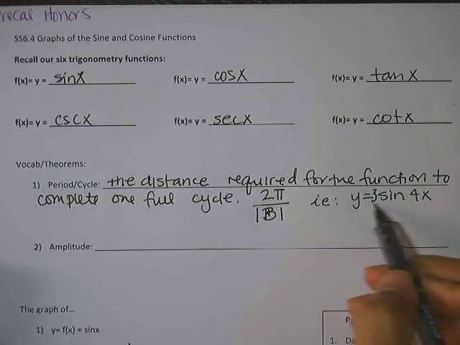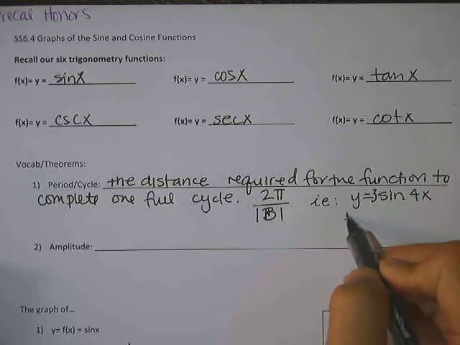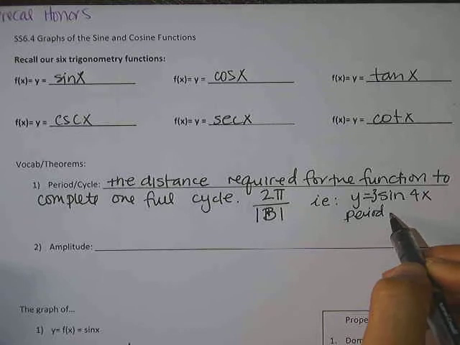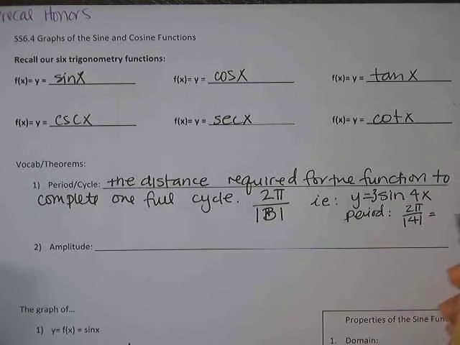So this is your a value and this is your b value. In this case, your period or cycle is the absolute value of 2 pi divided by the absolute value of 4. So we're going to end up with pi over 2. Instead of completing a full cycle over 2 pi, it's going to complete a cycle in a half pi over 2, which is 90 degrees, so a quarter of a revolution.